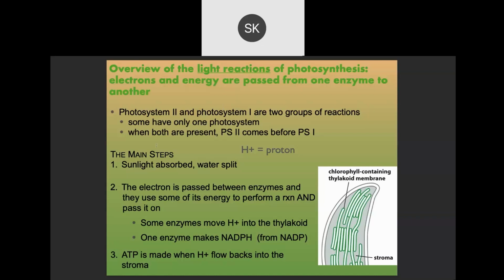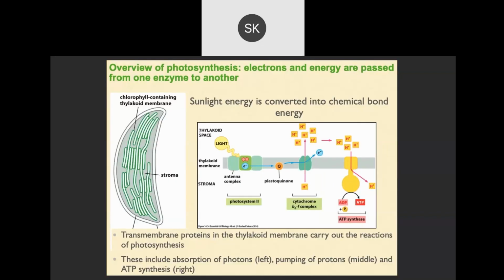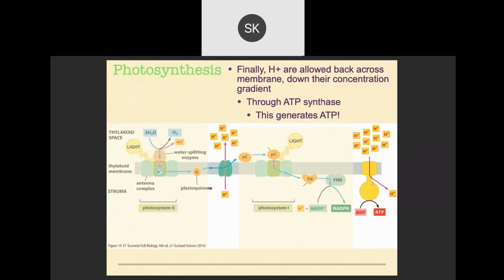And really, it's just a repeat of what happens here. We get an electron, it goes through, and you get the pumping of protons and synthesis of ATP. But this electron can actually be passed and then re-energized. This is showing both photosystems.